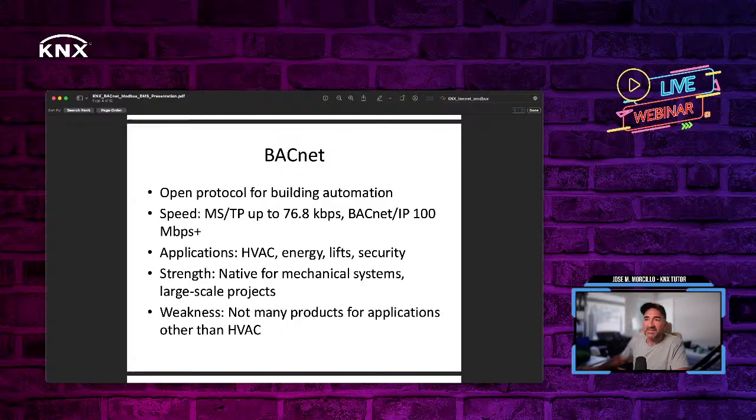BACnet is great and widely used for HVAC applications. It's great for AC control, cooling systems and heating systems. It's not because I think it's best for that application, it's because of what is available in the market. It's very easy to find HVAC devices, like a cooling tower with already existing BACnet communication.